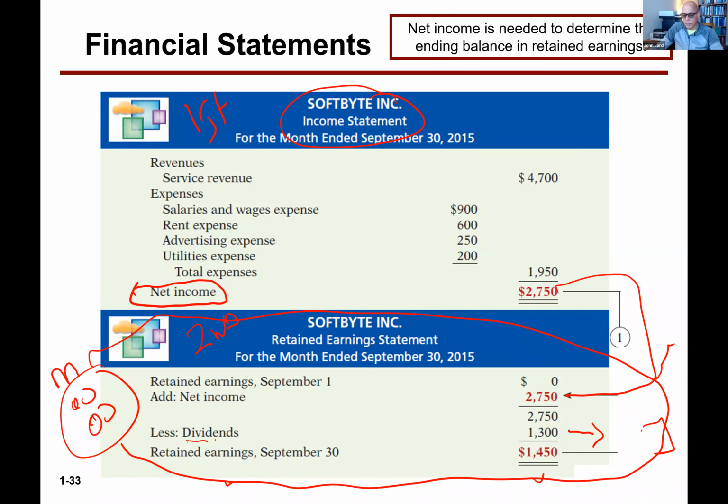If I'm an investor in a starting company, I'm probably not interested in a dividend. I'm like, look, I just gave you some money. I just bought your stock. And I'm buying your stock because I believe in this starting business, and I want you to use that capital to generate revenue.